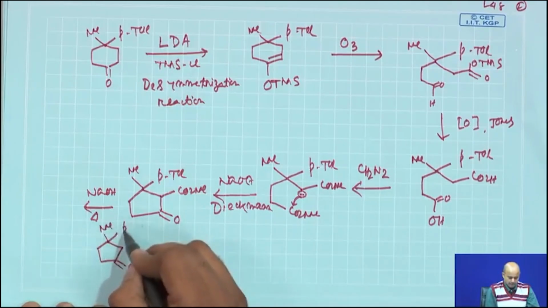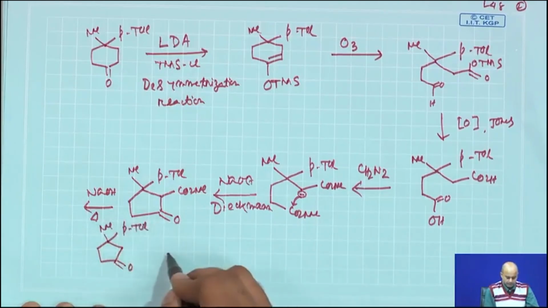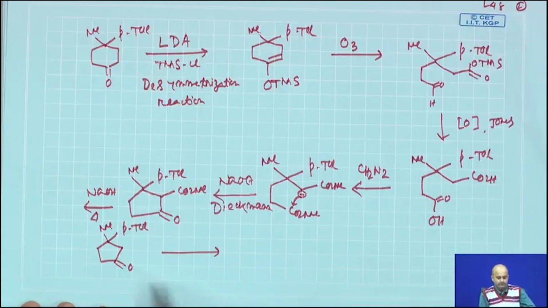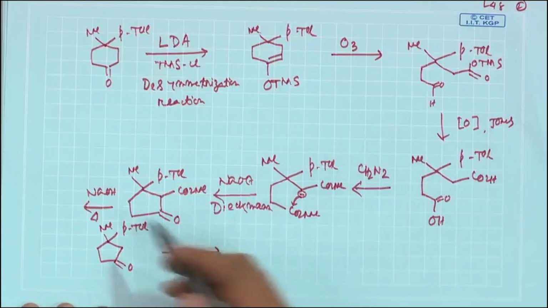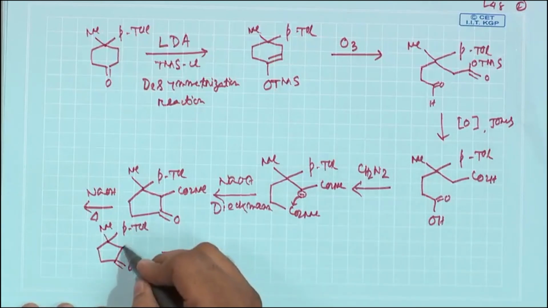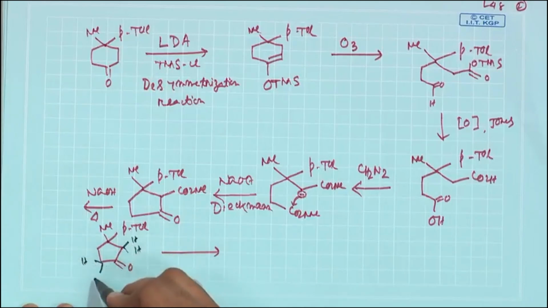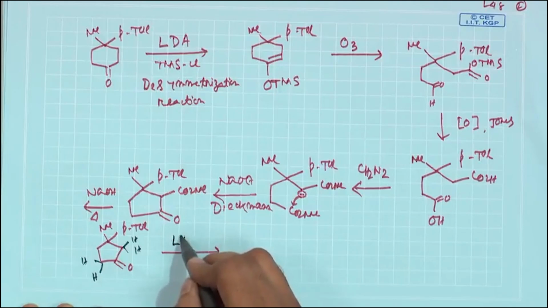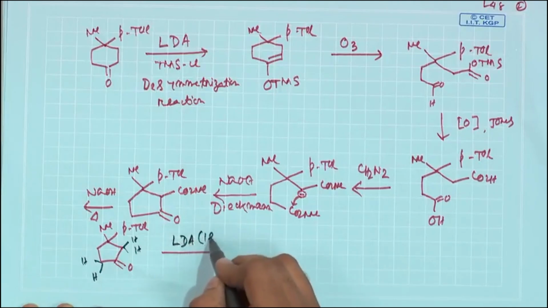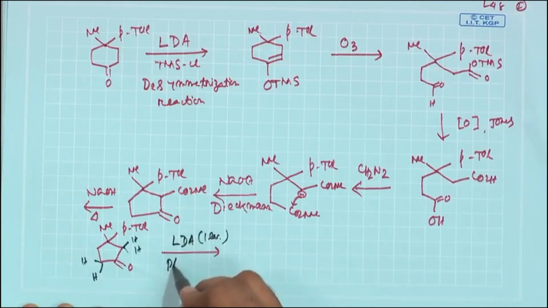Methyl para toluene. Now, as I said, you are having a carbonyl compound flanked with 2 methylene. The most easily abstractable acidic hydrogen will be picked up by 1 equivalent of base, LDA, 1 equivalent, and react with phenyl selenium chloride.